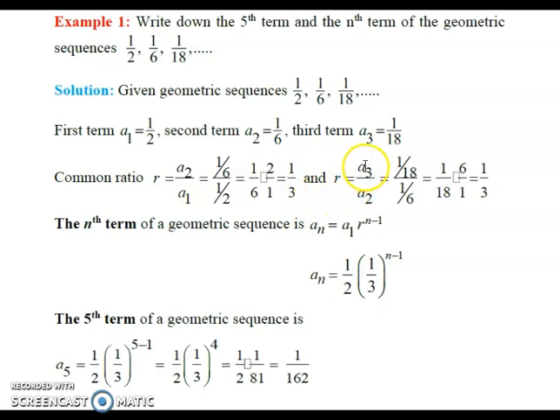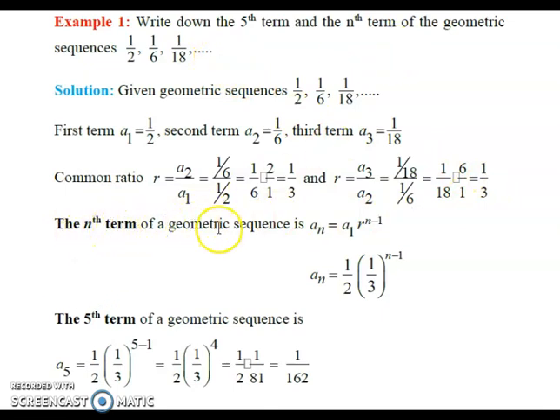And a3 divided by a2, 1 divided by 18 divided by 1 divided by 6, which will also give the common ratio 1 by 3. In this given sequence, the common ratio is the same, therefore the sequence is a geometric sequence.